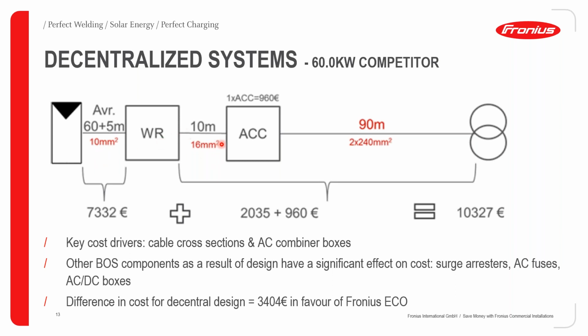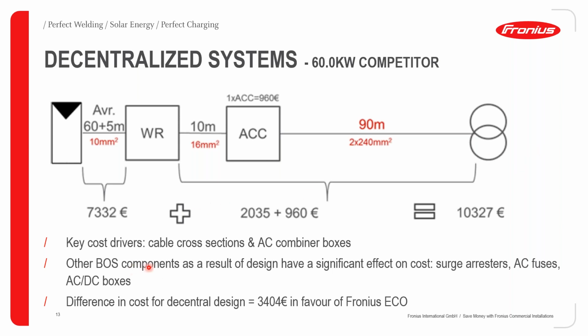The junction from the inverter to the AC combiner is still the same with 16mm square, and from the AC combiner to the feed-in point, we have 2 by 240 millimeter square cables. So if we add up the total balance of system for this particular setup, we are coming to a figure of about 10,327 euros for the competitor inverter.